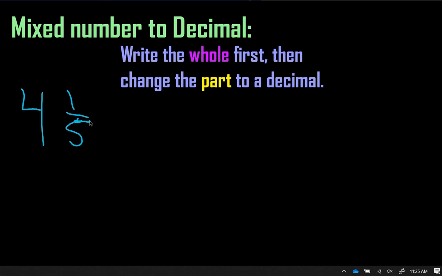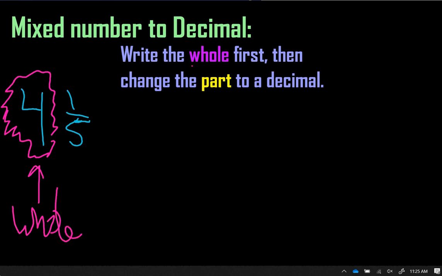This right here is the whole number, so we write that first, and then we have the decimal, and the part is going to be the fraction.